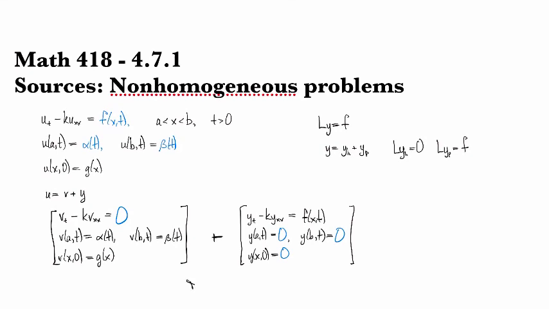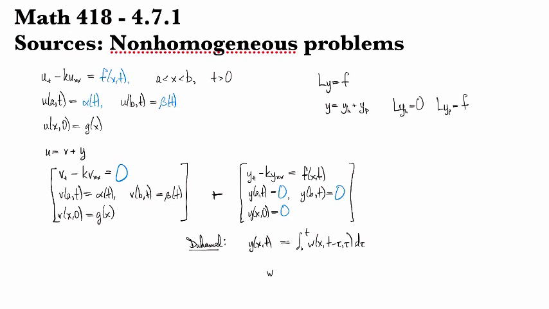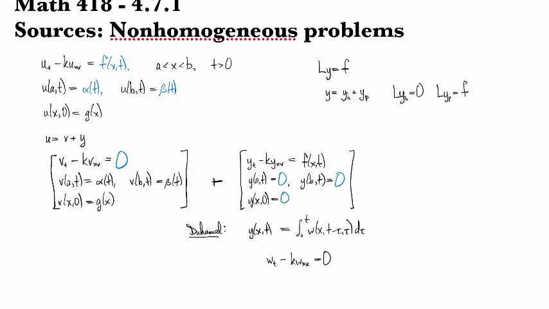Well, we can use Duhamel's principle, just like we did in the unbounded domain case. So y is going to look like the integral from 0 to t of w(x, t minus tau; tau) d tau, and the system that w solves is w_t minus k w_xx equals 0. So the homogeneous one, but started with fresh initial conditions at every moment in time.